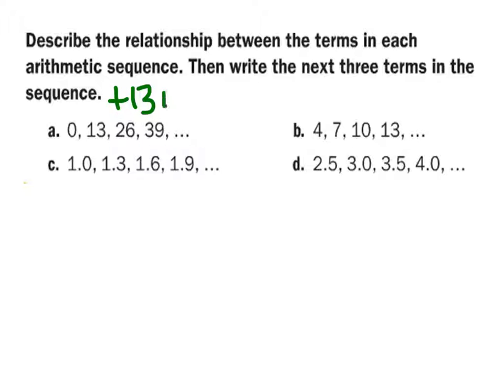All right, very good. You do need to write that it's add 13 to the previous term, because if you say add 13, it'll be like, to what? Add 13 to 5. Bam. Okay? So in A, what are the next 3 terms?